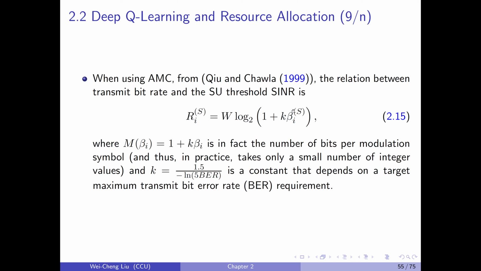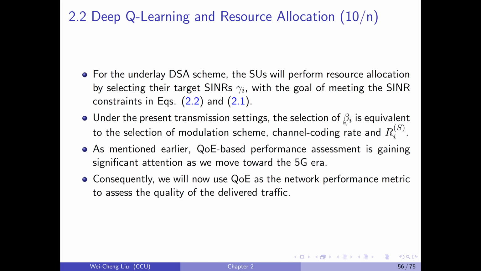So we can see that now we omit the parenthesis S and we have beta I. The selection of beta I is equivalent to the selection of modulation scheme, channel coding rate, and RIS.